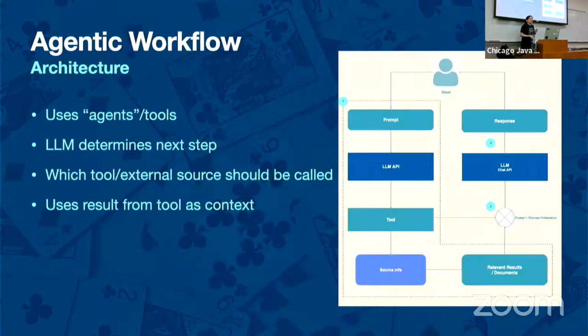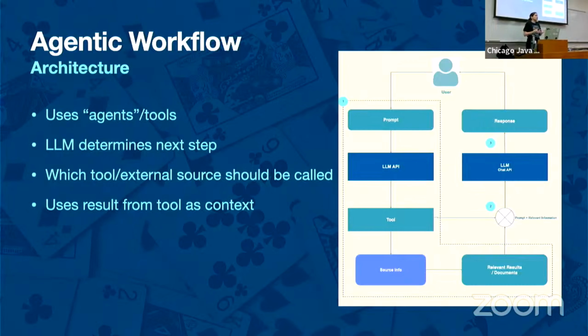There is this idea and concept of agentic workflows or agents or tools that's now being talked about, relatively new this year, I think. But it's very similar to the last slide that I just showed. The only difference is that the LLM is going to have a decision-making point of which tool or data store to go out and access. It could be a service, an application, a website, or a database, and you're going to have that list of tools set up.